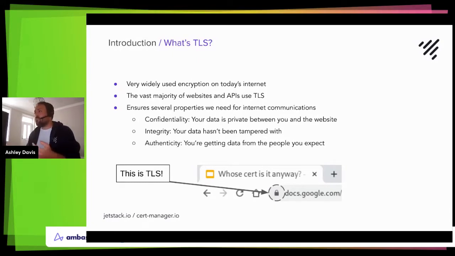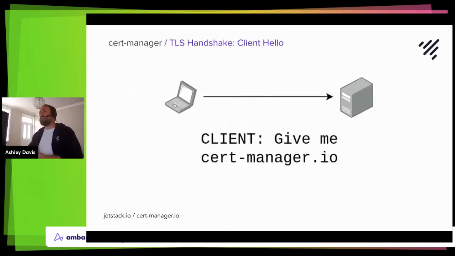And it's the encryption. It's the bit that stops the browser saying it's not secure. That's TLS. Again, we'll go very brief on this. We're not going to go really into the details of a TLS handshake, but we'll look at one in general terms. A TLS handshake is how we start a TLS connection. So imagine a client, which could be a laptop, a phone, a server, whatever.